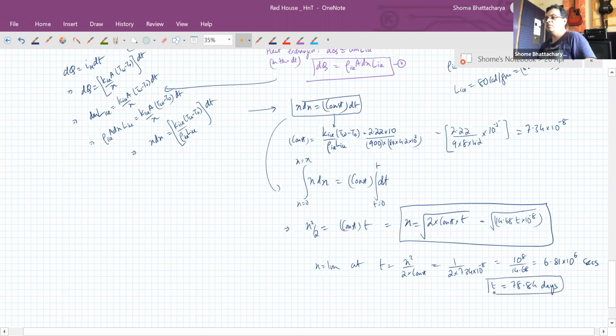So this is the time taken for a 1 meter layer of ice to be formed.